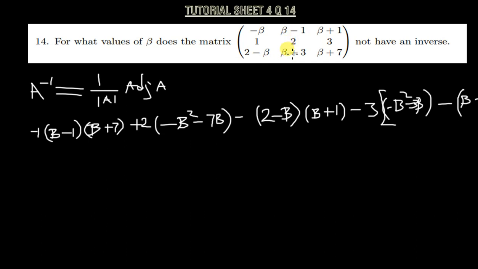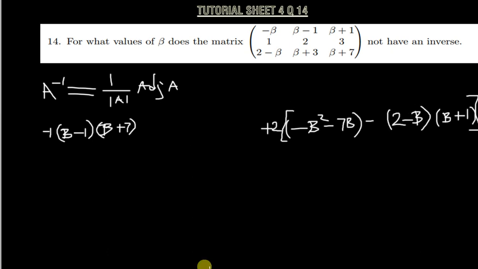And then, when I get these two there, I'm going to delete that and delete that. So this would be negative beta times that, and then minus (2 minus beta) times (beta plus...). So for this one, yes, it's correct. I made a mistake here.